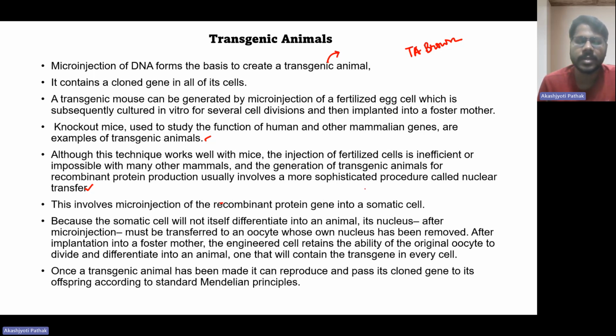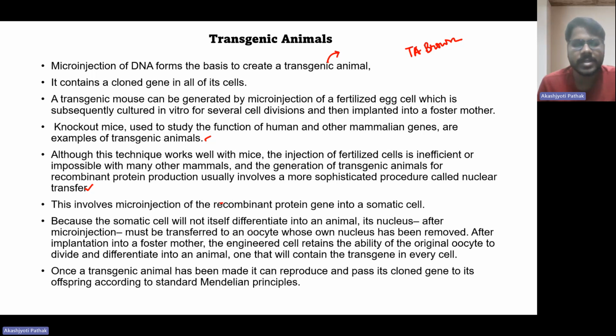The DNA is injected into the nucleus of a somatic cell, and then this somatic cell is allowed to grow. Once this somatic cell has grown, you take out the nucleus from this somatic cell and inject it into the oocyte. For the oocyte, you have to remove the original nucleus and inject the other nucleus.